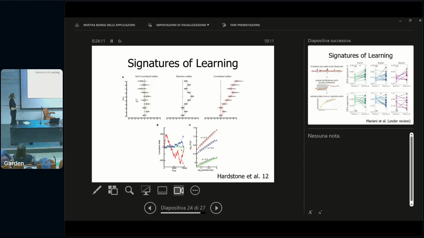Essentially, this is a way to represent whether there is memory, so learning, in a time series. If you imagine a walk, you start out from 0 and you can take a decision whether to go left or right. You could just take a decision randomly at each point without considering what your previous steps were.